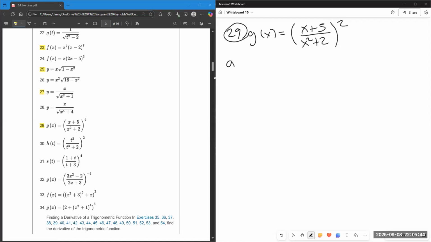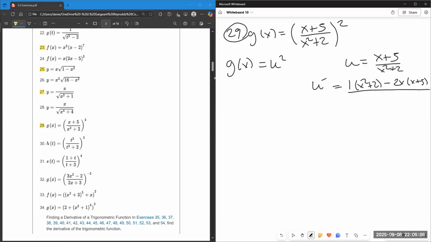So I'm going to say g of x is equal to u squared, where u is equal to x plus 5 over x squared plus 2. My u prime is going to be the derivative of the top times the bottom minus the derivative of the bottom times the top all over the bottom squared.